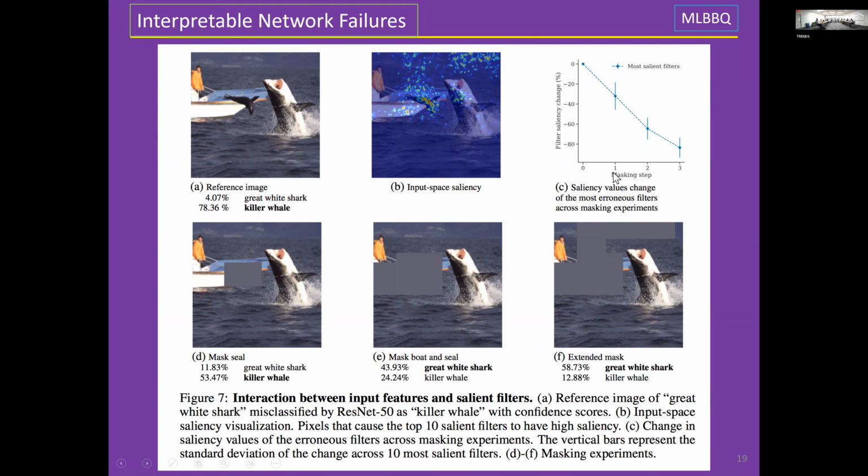Mask 1 is the seal only, mask 2 is boat and seal, and mask 3 is the extended mask. For the first mask, they are only masking out the seal. For the second, they mask out seal and the boat. And for the third, they mask out boat, seal and other extended regions based on this input.